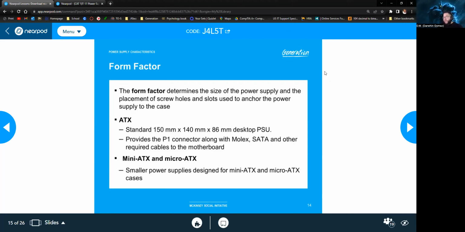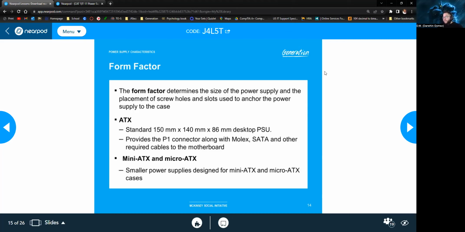This provides the P1 connector along with the Molex, SATA, and other required cables to the motherboard. The mini ATX and micro ATX are smaller in size and are designed specifically to work for those cases and motherboards.